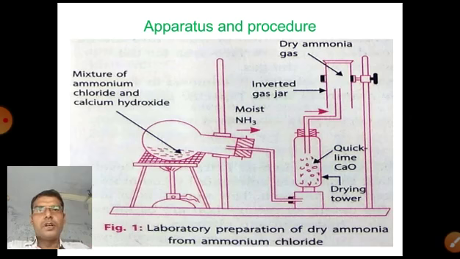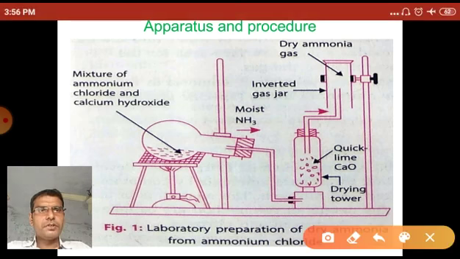Now, in this method, the laboratory method for the preparation of ammonia, apparatus and procedures. First we take the apparatus and arrange it according to the diagram given in the slide. Let's see this diagram in this slide.